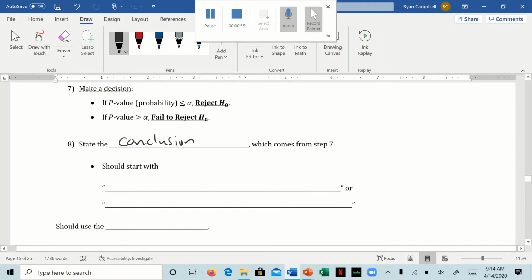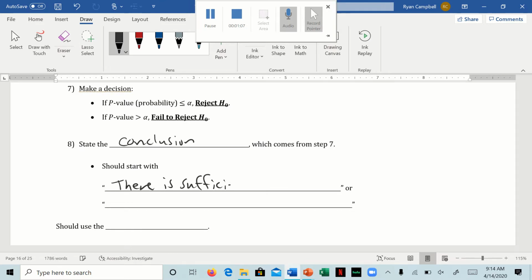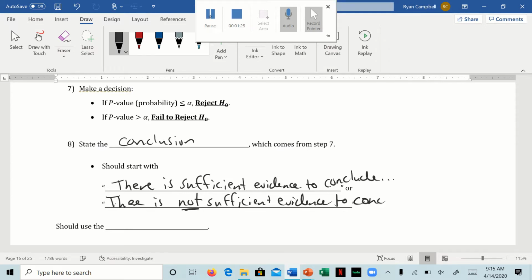Good. So one hint is that it should definitely start with the words, there is sufficient evidence to conclude whatever, or there is not sufficient evidence to conclude whatever.